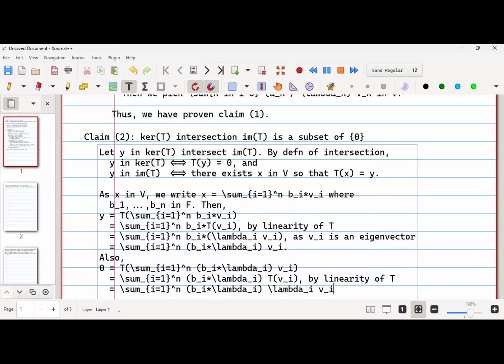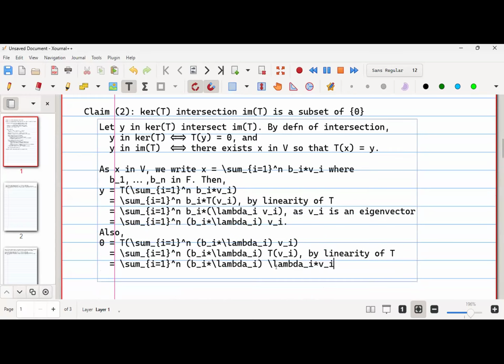I know this kind of gets repetitive throughout the proof once you've already figured it out. v_i is an eigenvector.